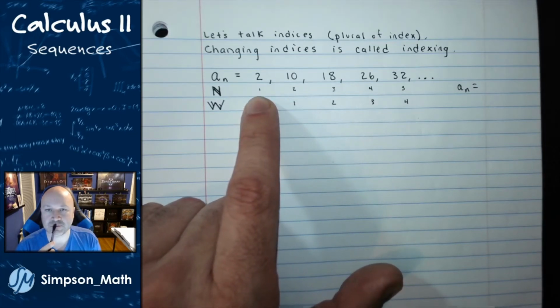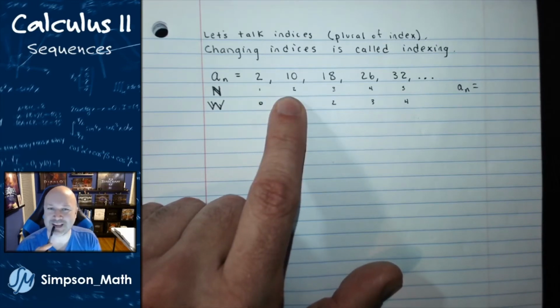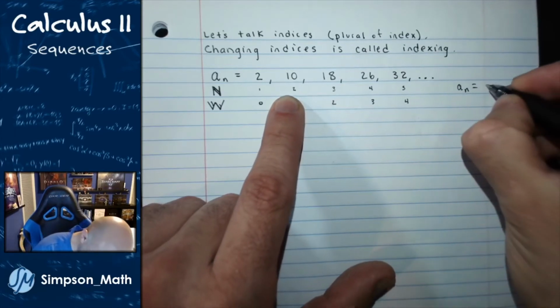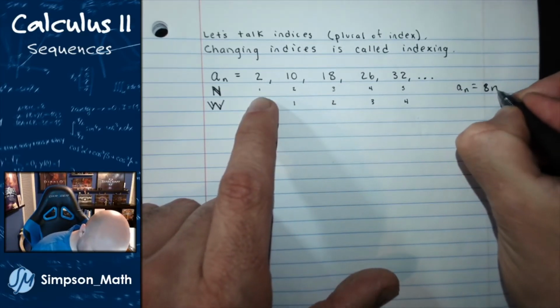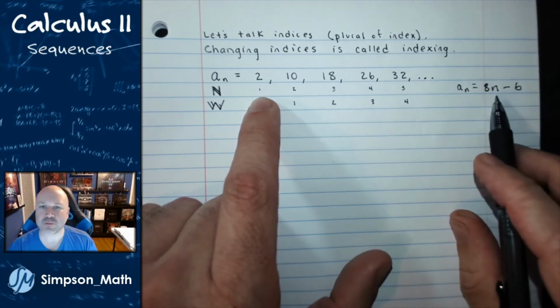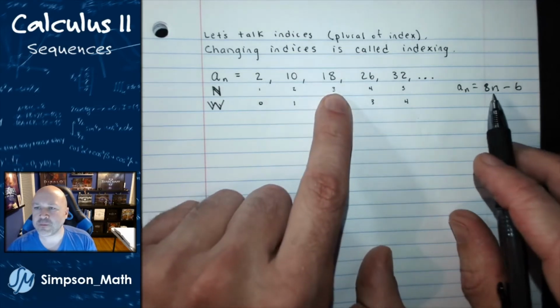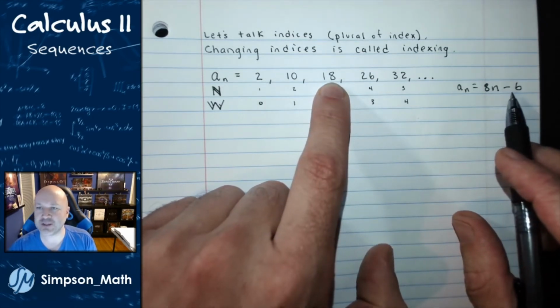How about if I do, again, 1 times 8 is 8 minus 6 is 2. 2 times 8, oh, it's 16. This is going to be 8 times n minus 6. I think that works. For the third term, 3 times 8 is 24. You subtract 6, you get 18.